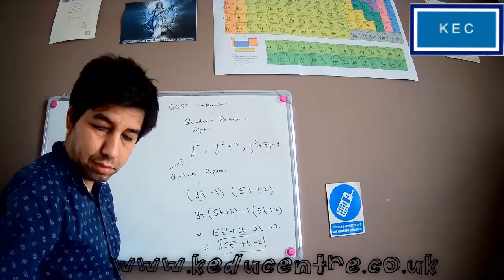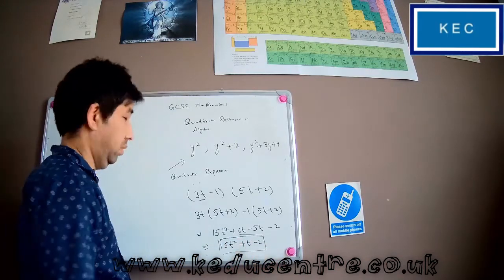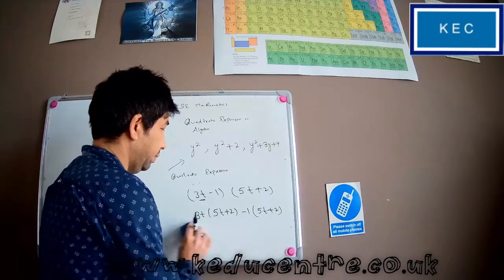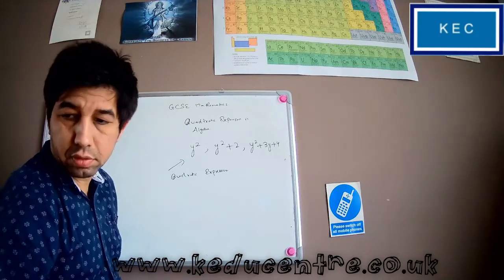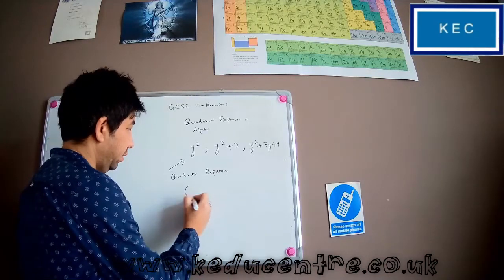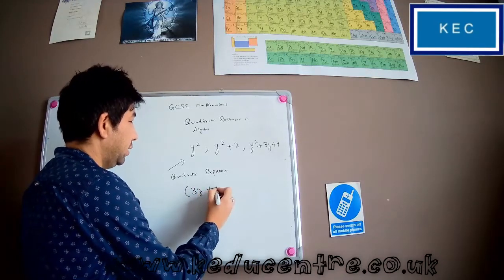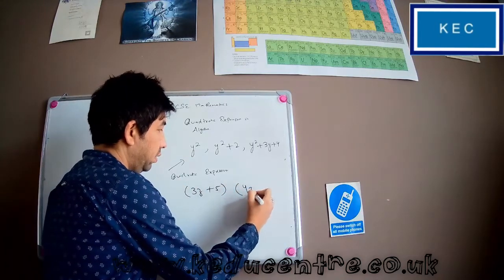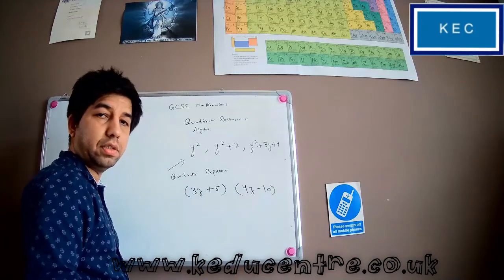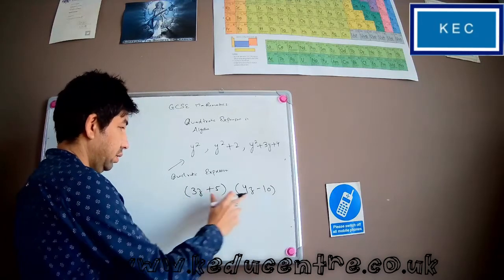Okay, so let's pick up one more example of a non-unit coefficient. For example, we've got 3z plus 5 into 4z minus 10. Okay, so how are we going to solve this? Again the same thing.